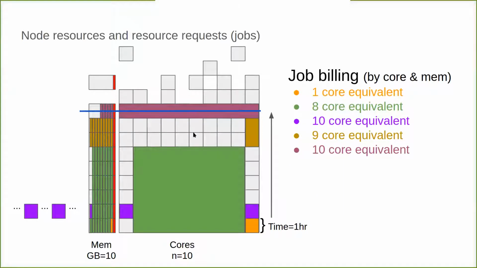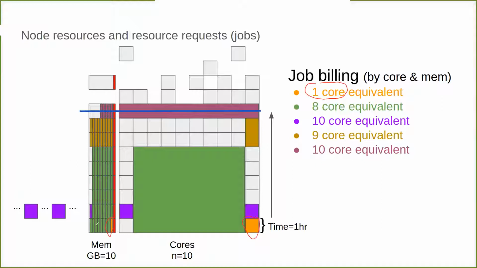Now, what we want to get across here is that whenever we're charging for the usage of a system, we aren't just charging for the number of cores. For example, the first job in this list is a single core job, and the equivalent charge is still 1 core because it's requesting 1 core and the equivalent amount of memory.